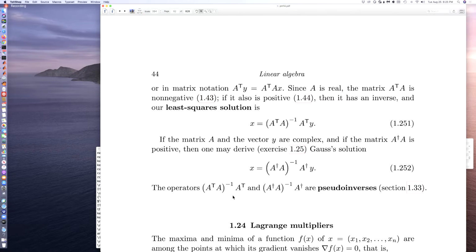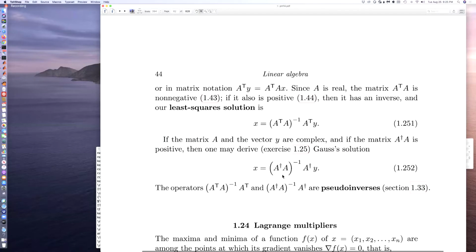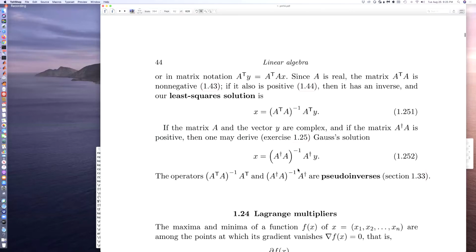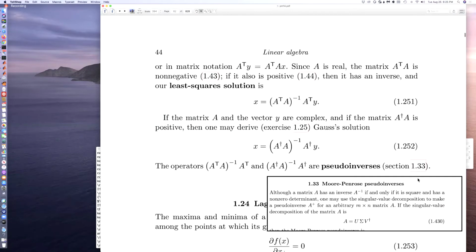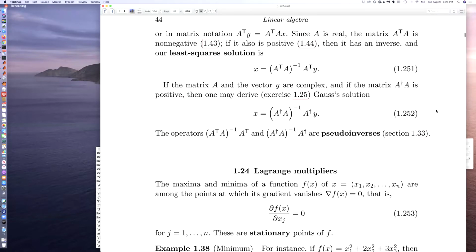These quantities here, (A transpose A) inverse times A transpose, this is called a pseudo inverse of the matrix A. And this thing is also a pseudo inverse. There's a section about pseudo inverses, section 33. They're called the Moore-Penrose.